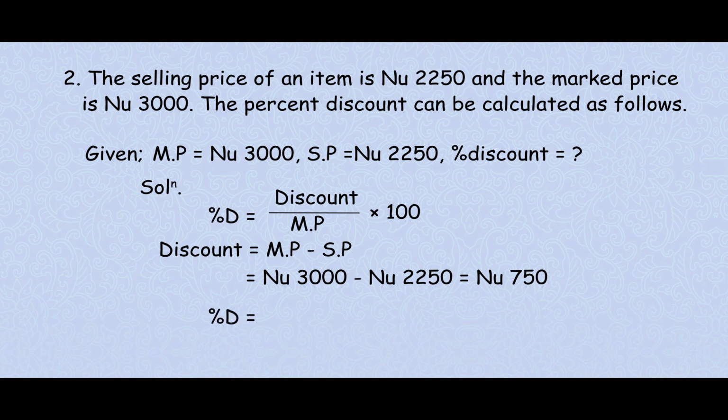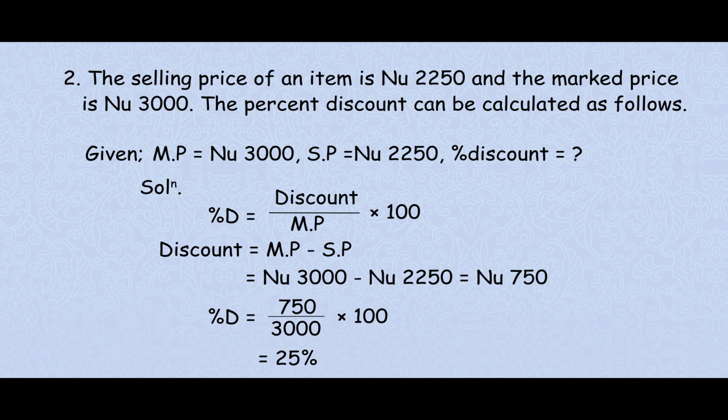You can use it in the percent discount formula. In the percent discount formula, discount replaced by 750 over marked price 3000 times 100% is equal to 25%. This is how you solve the discount and the selling price problem.